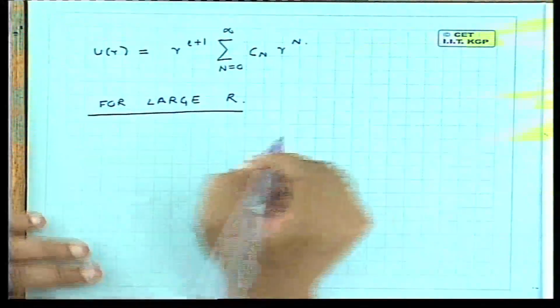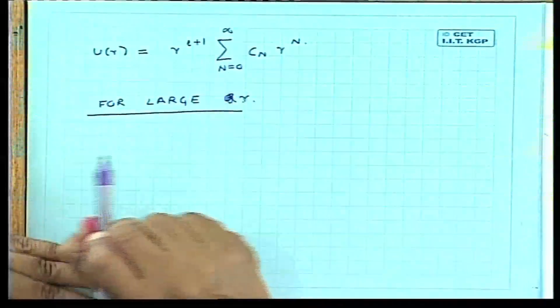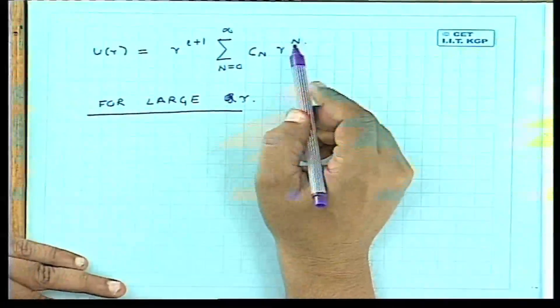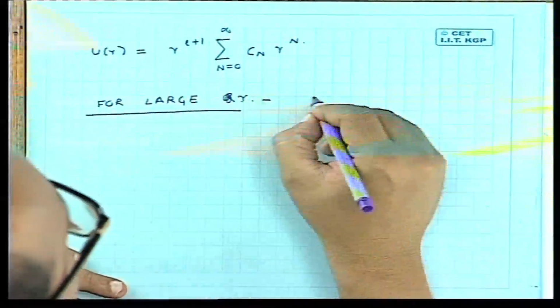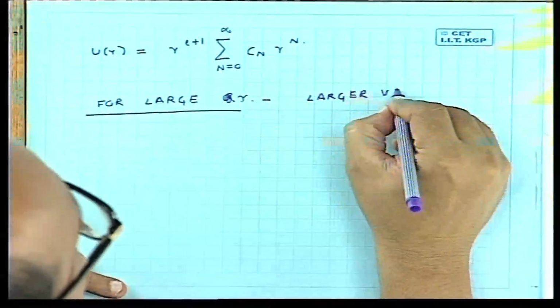For large values of r, it is the large values of n which are going to be dominant, because for large values of r the higher powers of r are much larger than the smaller powers of r. So for large r it is the larger values of n which will dominate.